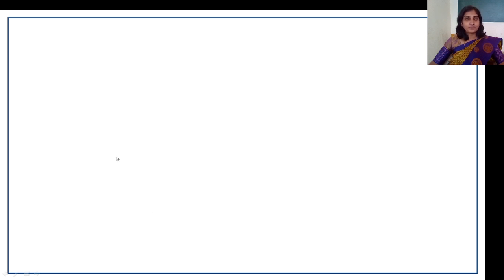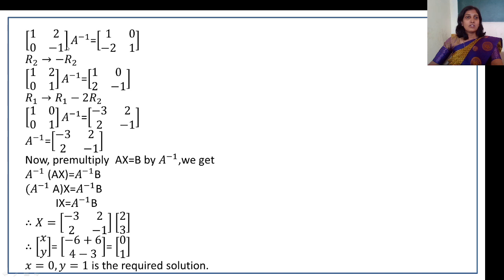Then the matrix 1, 2, 0, minus 1 times A inverse is equal to 1, 0, minus 2, 1. Now make this minus 1 into 1. For that we multiply R2 by minus sign. So R2 gives minus of R2. So 1, 2, 0, here minus minus gets 1, A inverse is equal to 1, 0, plus 2, and here minus 1.